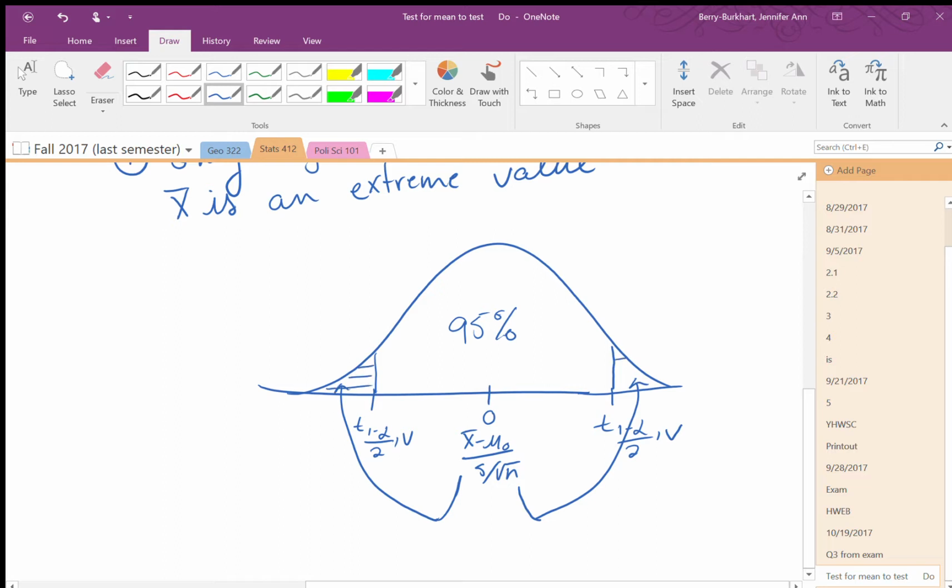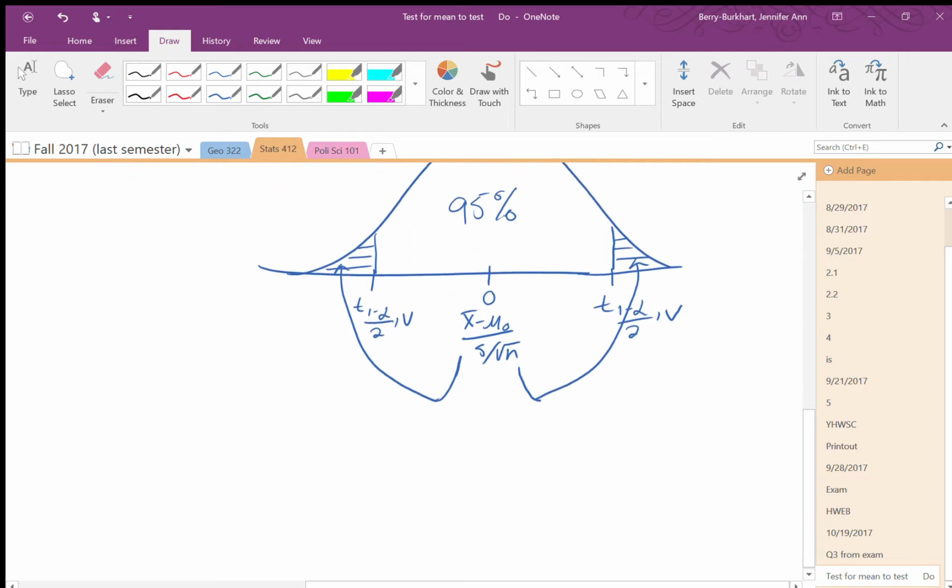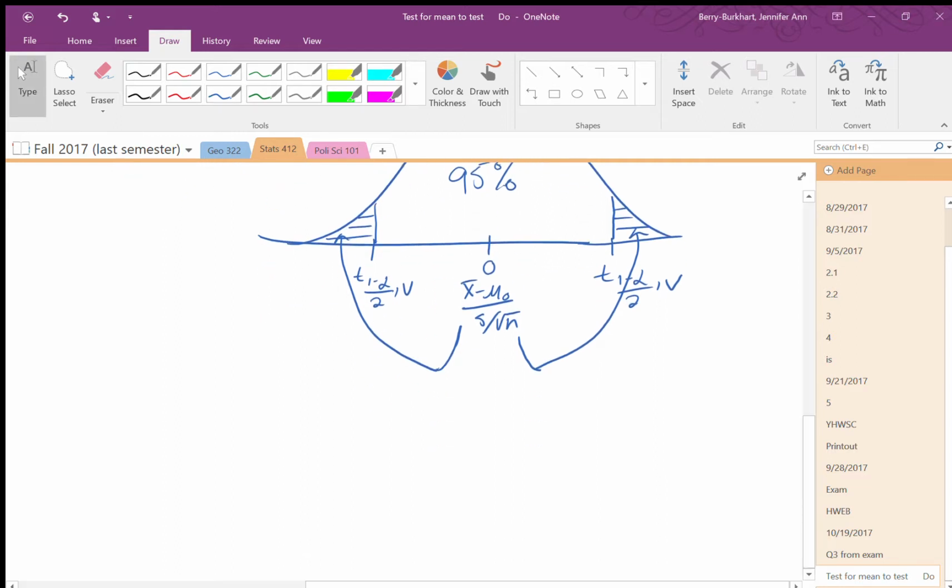Say I set alpha equal to 0.05, then this is only going to occur out in the tails here. This will be 0.025, this will be 0.025. So if it occurs out in either one of those tails, it's only going to occur 5% of the time, all right?